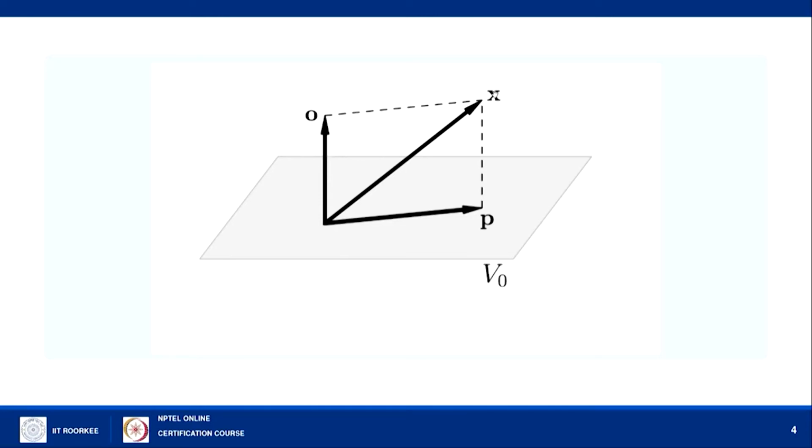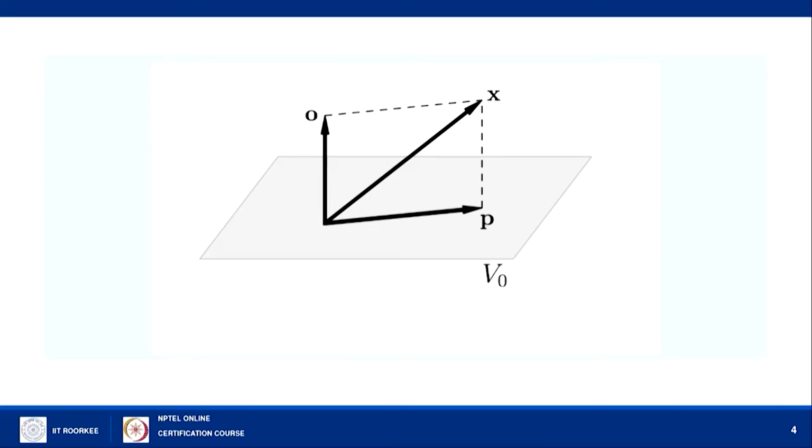So, I can write x as p plus o, and I can write it uniquely, where p is a vector in V0, as you can see here, and o is perpendicular to p, and indeed to all the vectors in the subspace V0. Hence the distance of x is given by the length of the vector o. These are some results which we have seen earlier in the orthogonal projection lecture.